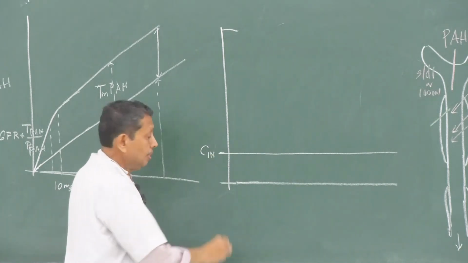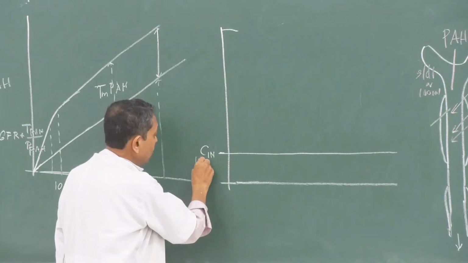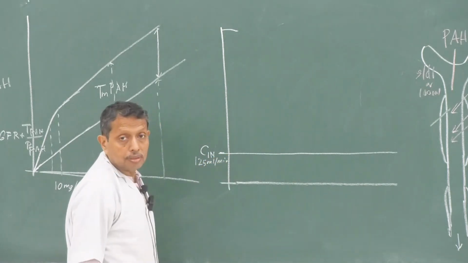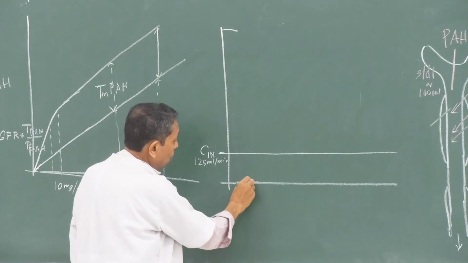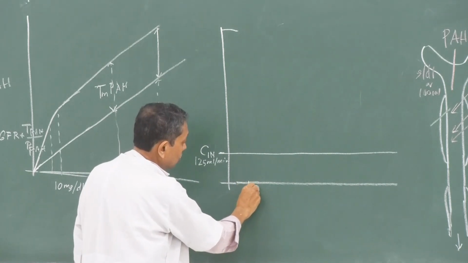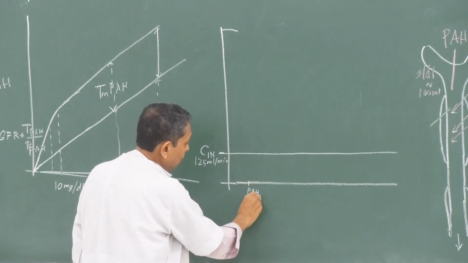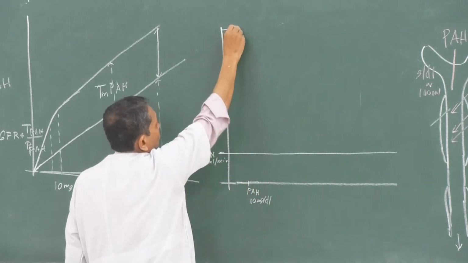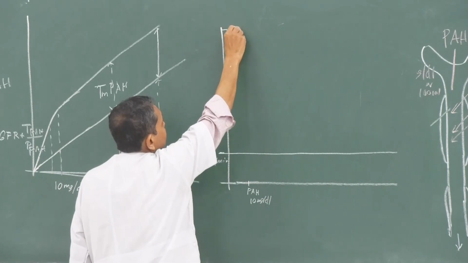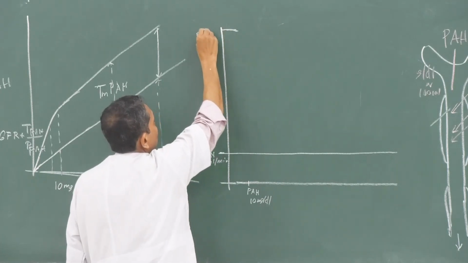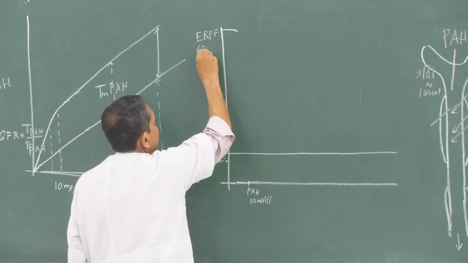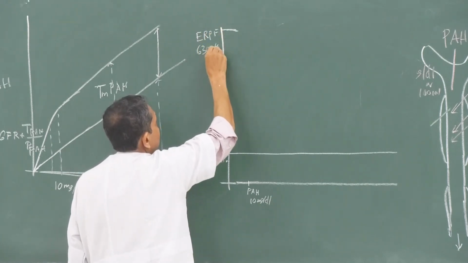Clearance of inulin, and up to the level of, in case of PAH concentration, 10 milligram per deciliter, it corresponds to up to the effective renal plasma flow, ml per minute.